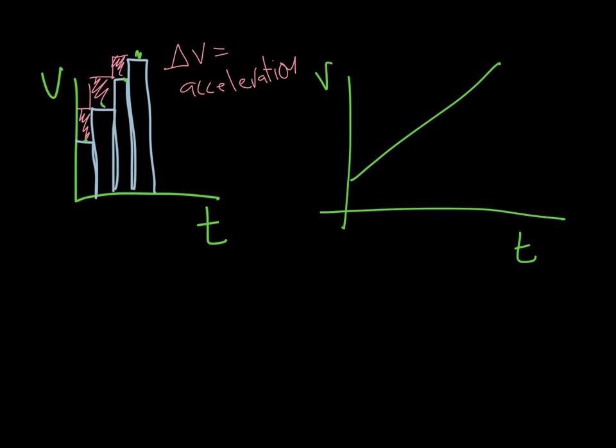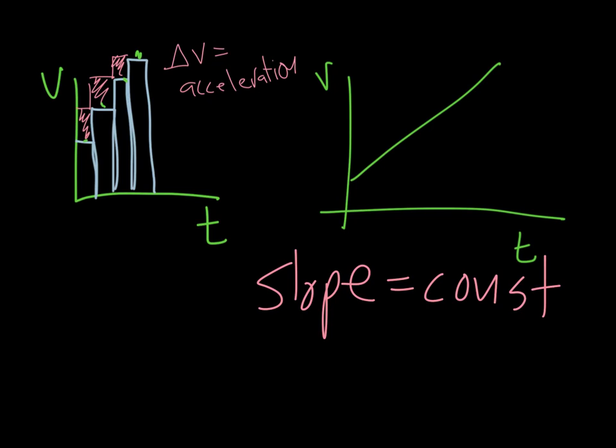Now, what is constant on that graph? What is constant right here on this graph? The slope is constant. So if my slope is constant, then something is constant, right?